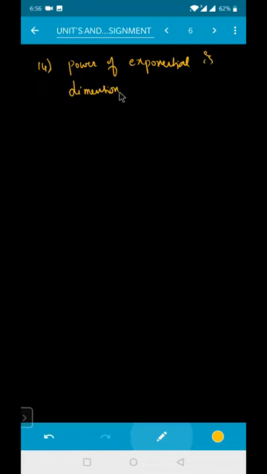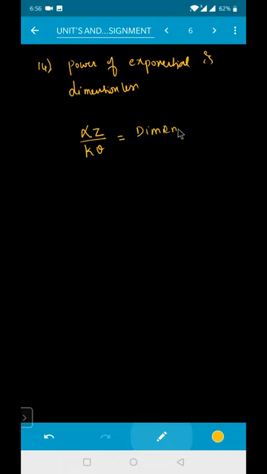Now, how do you write this one? See this one. You know that the power of any exponential is how much, beta? Dimensionless, sir. Power of exponential is dimensionless. That means alpha z divided by k into theta is equal to what, beta?